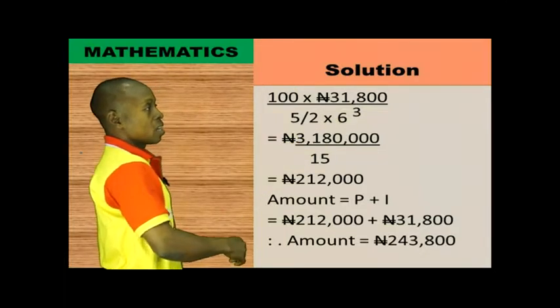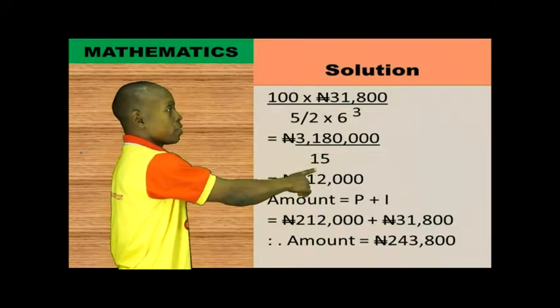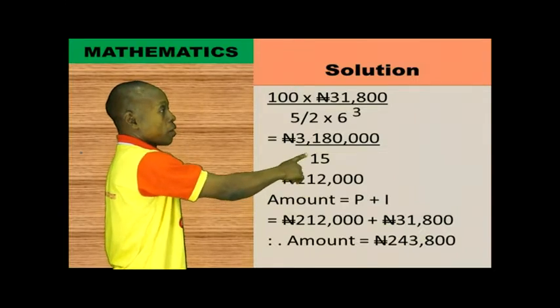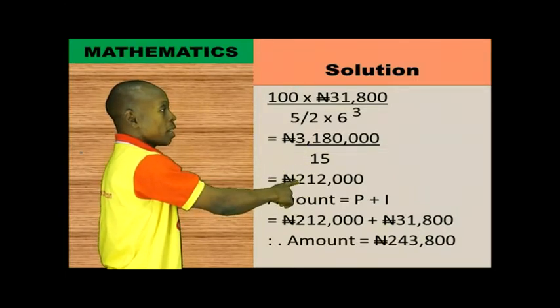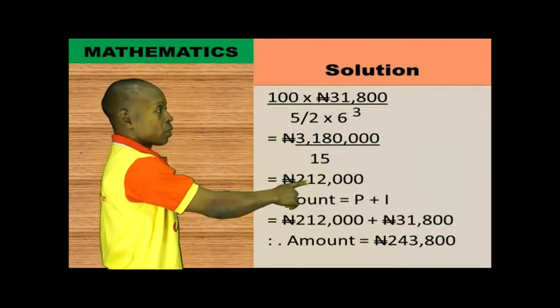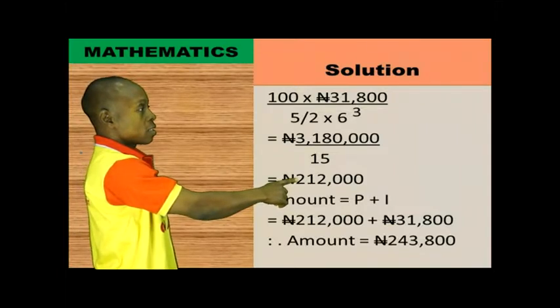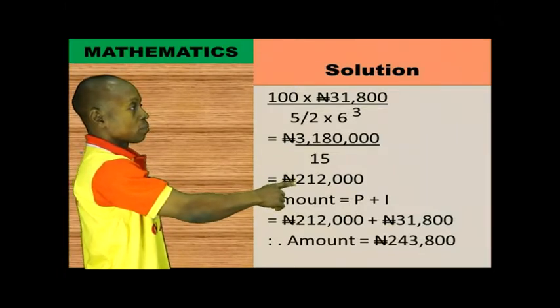That's why you have 3 on top. So you have 3,180,000 divided by 15, because 5 multiplied by 3 gives you 15. Now when you divide 3,180,000 by 15, you have 212,000 naira as the answer, and that is your principal.